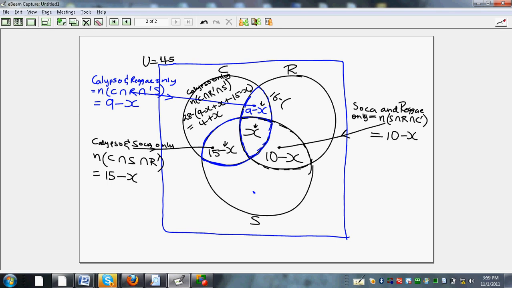So that would be 16 minus (9 minus x plus x plus 10 minus x). Okay, and that would be reggae only. How do you write reggae only? It'll be the number of people that like reggae and not soca and not calypso. That's how you get reggae only. That'll be reggae.